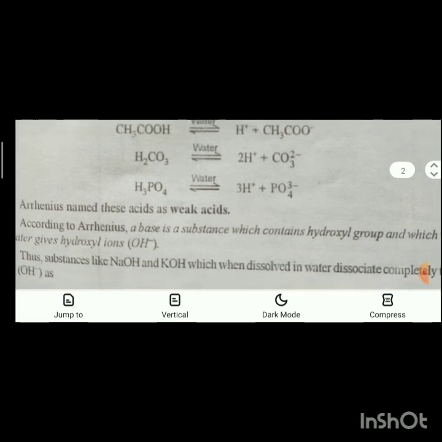CH3COOH is in equilibrium with H+ plus CH3COO-. H2CO3 is in equilibrium with 2H+ plus CO3 2-. H3PO4 is in equilibrium with 3H+ plus PO4 3-. Arrhenius named these acids as weak acids.